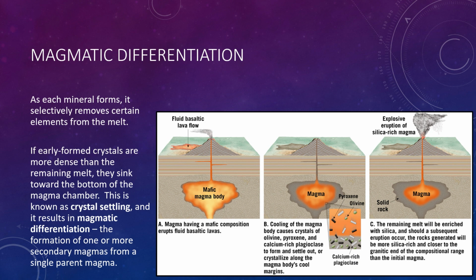If early formed crystals are more dense and heavier than the remaining melt, they will tend to sink toward the bottom of the magma chamber. Consequently, the lower and upper parts of the magma chamber form rocks of different compositions. The formation of one or more secondary magmas from a single parent magma is what is called magmatic differentiation.